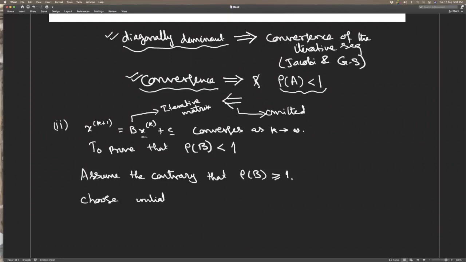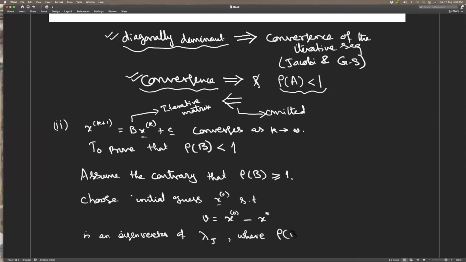Now choose the initial guess x0 such that v equals x0 minus x star is an eigenvector corresponding to lambda j, the eigenvalue, where the spectral radius of B is precisely the modulus of lambda j.